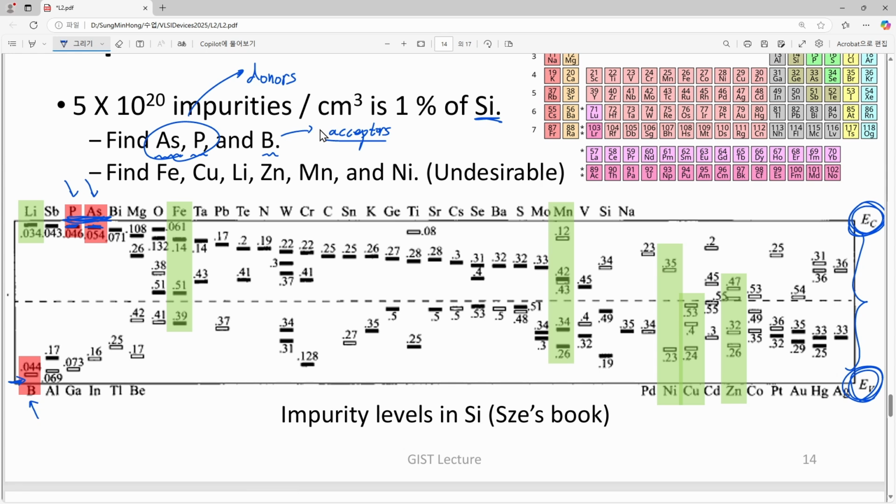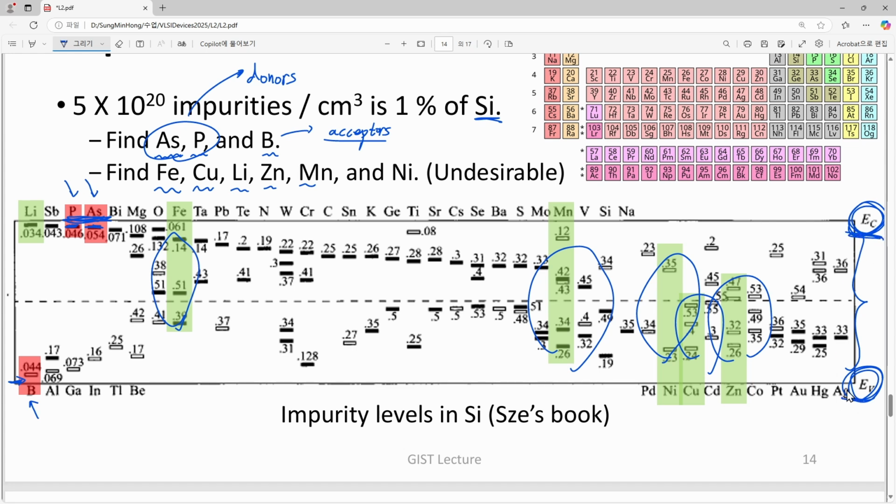Of course, we can find other materials or atoms, and they also introduce many different levels in this forbidden zone. They are not usually used in our silicon manufacturing technology because they introduce states quite far away from EC and EV.